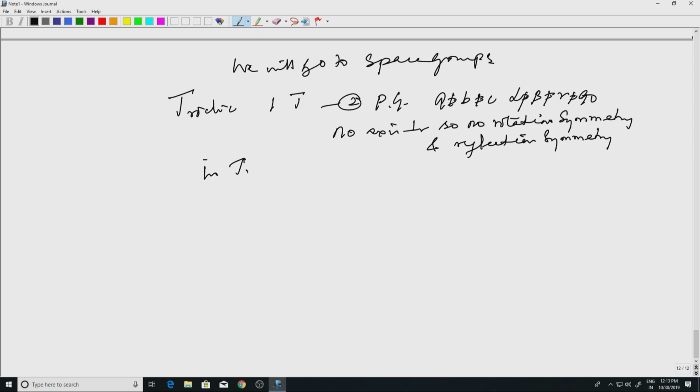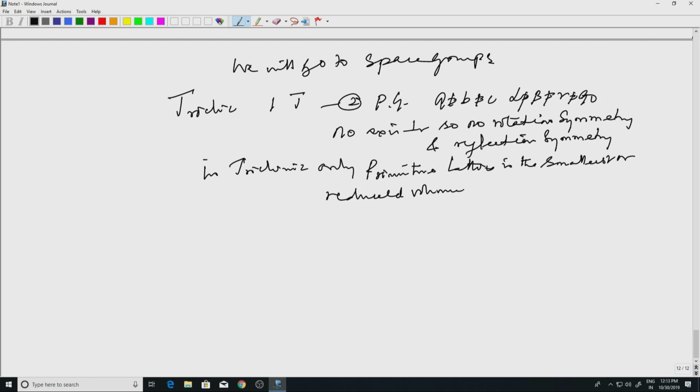In triclinic, only primitive lattice is the smallest or reduced volume. So only P is allowed.